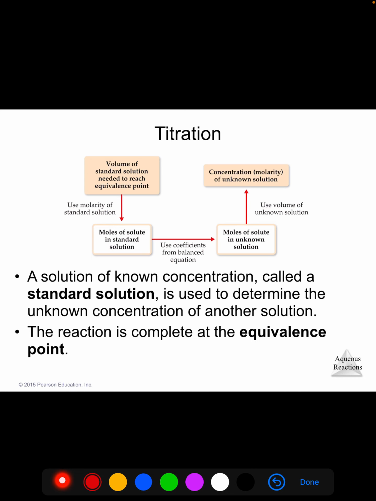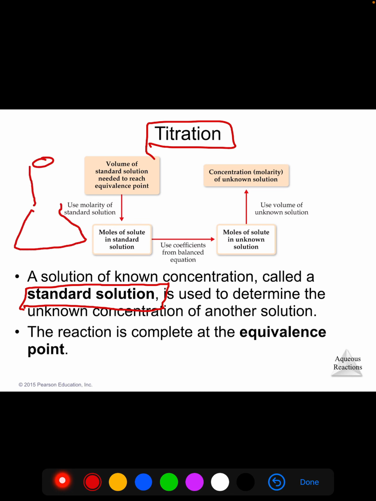So when you do a titration, if I ask you a question on a test, it'll just be more definition for now. A standard solution is used, and you can use a standard solution in your flask, or you can use it in what we call your burette, which has a petcock that controls the drips out of the burette into the solution in the flask.